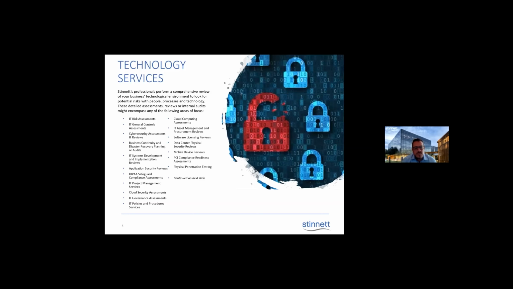So we understand risk assessments. That's in our blood. We're very good at IT general control assessments. We can do cybersecurity reviews, business continuity, and disaster recovery. We've got over 14 people that are certified in business continuity and disaster recovery in the firm. We can dig into things such as HIPAA, cloud security assessments, IT governance, policies, procedures.